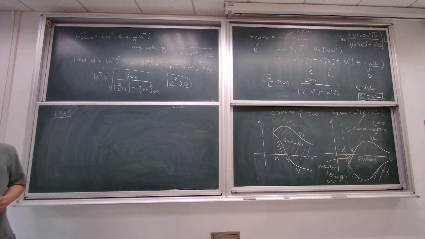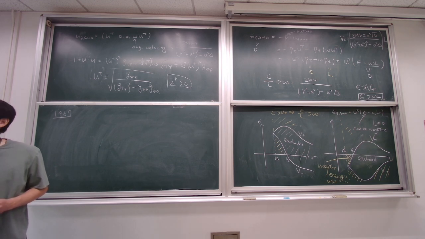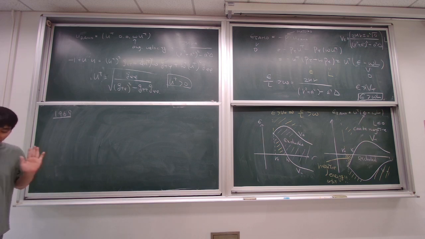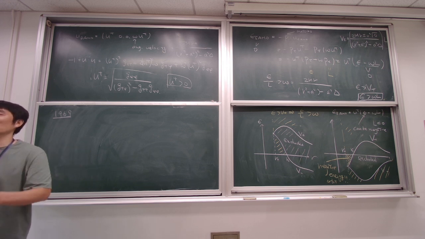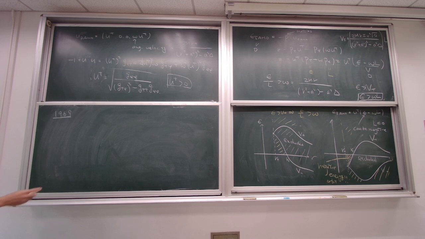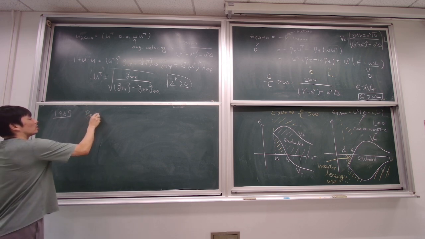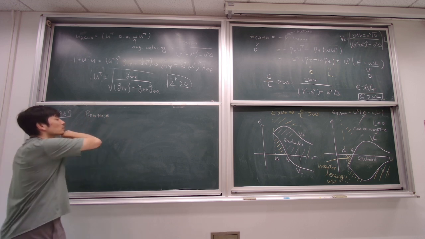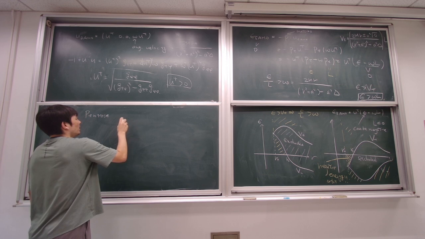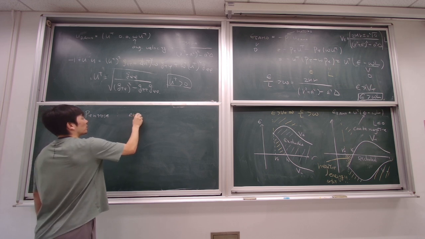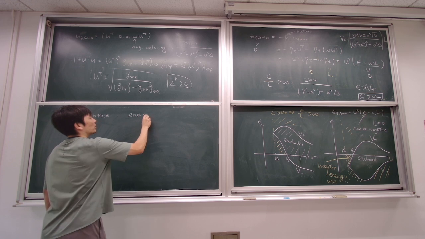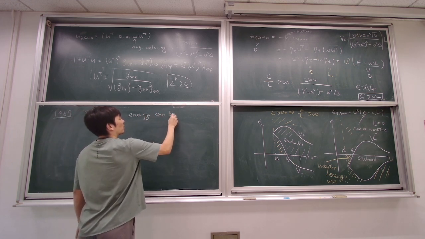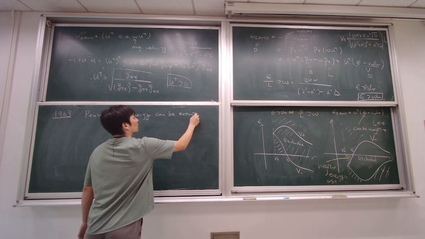Okay, but before we go to the Penrose process, let's take a break. The important thing is that by definition, a black hole is such that if you enter it, there's no way to escape. But in 1969, Penrose proposed that energy can be extracted from a black hole.